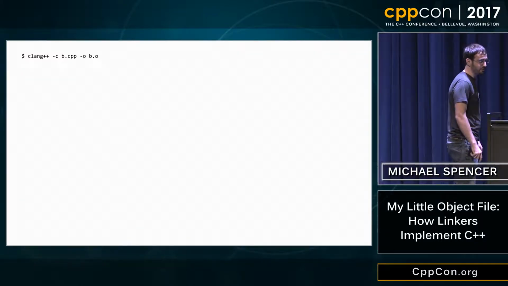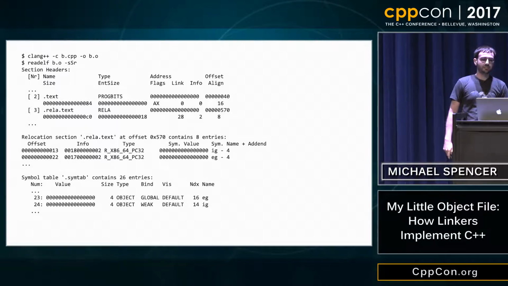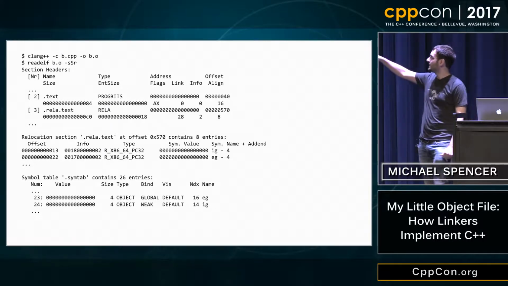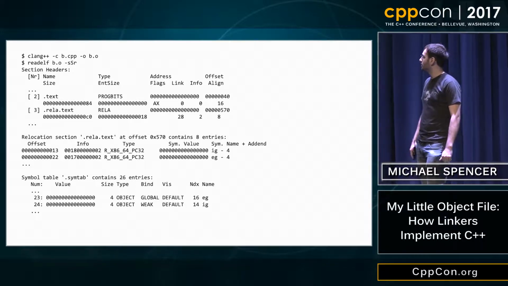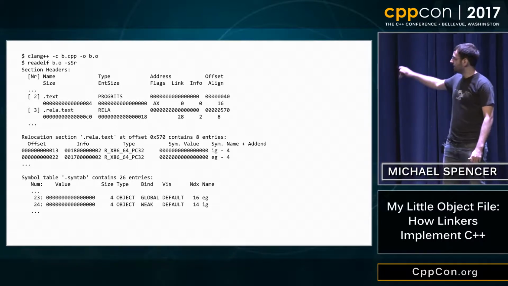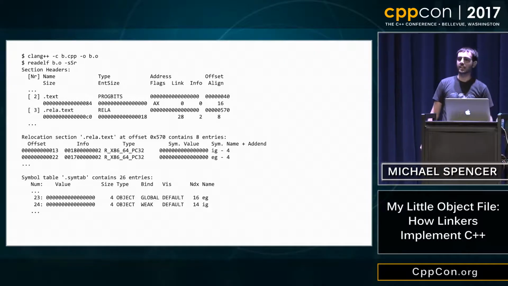So let's try using one of these tools. Go back to our source file, and readelf. Here we're passing -S -s -r, so that dumps the sections, symbols, and relocations. We're going to get to what all this means, but using these tools is the first step to understanding what's in your object files.